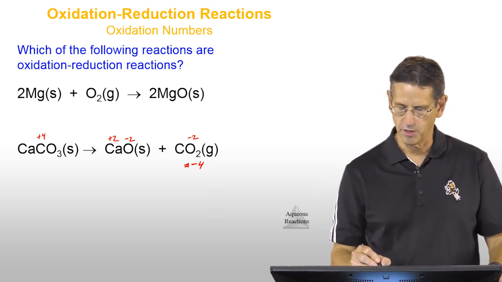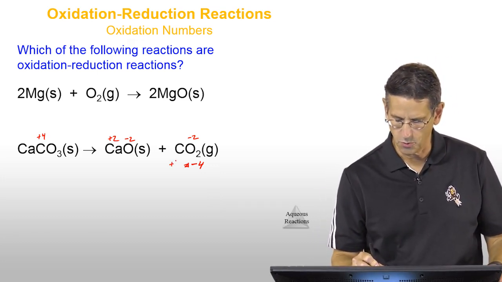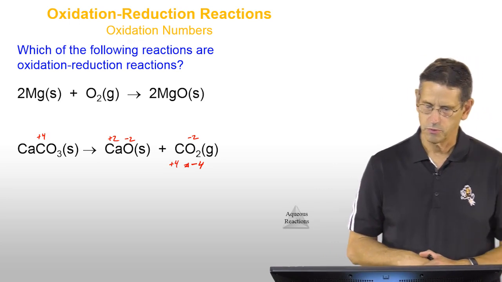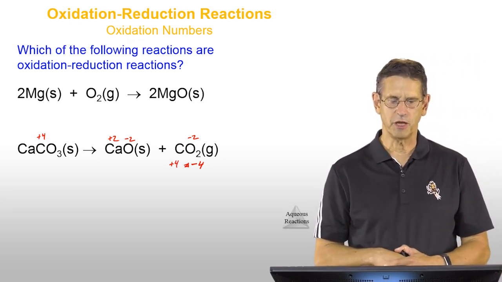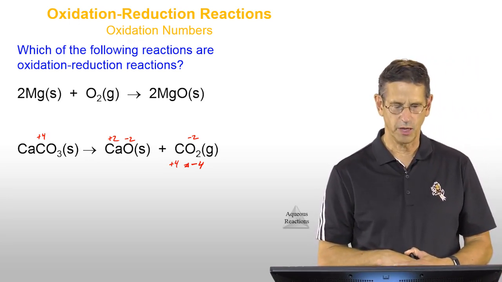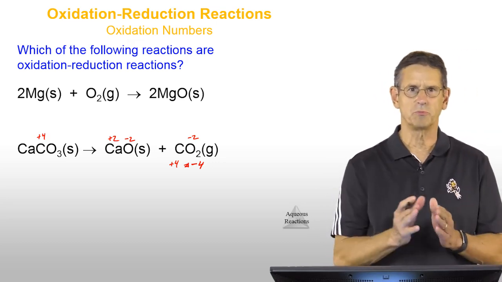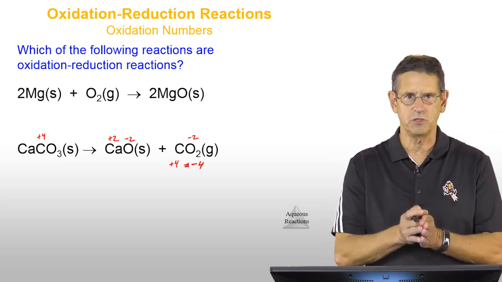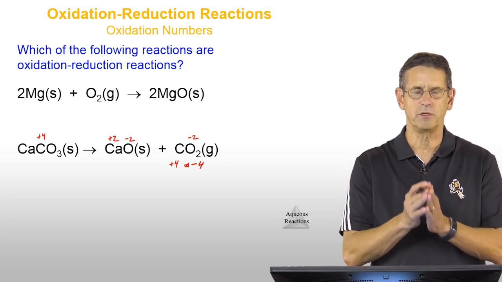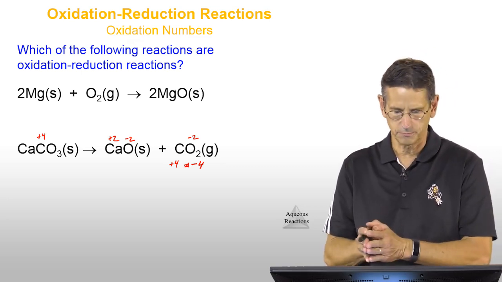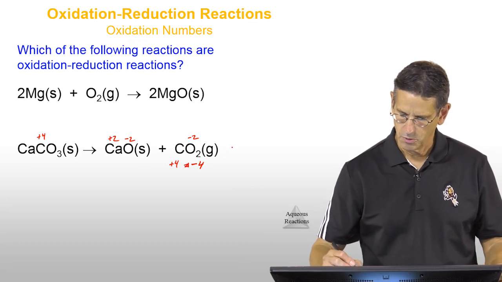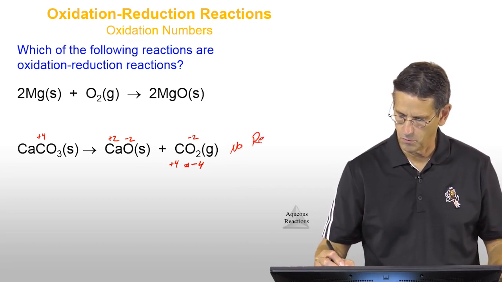So what is that carbon then? Carbon is plus 4. So what's happened here? Well, pretty much nothing. This is not an oxidation-reduction reaction. All right. This is the only way you can tell this is by assigning the numbers to each of the atoms, each element atom in each compound. So no redox.